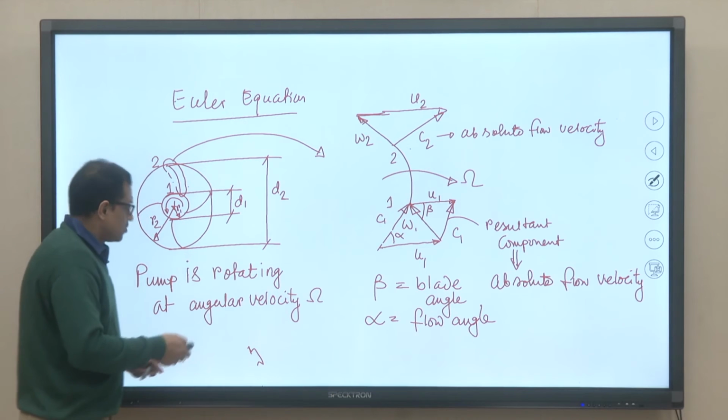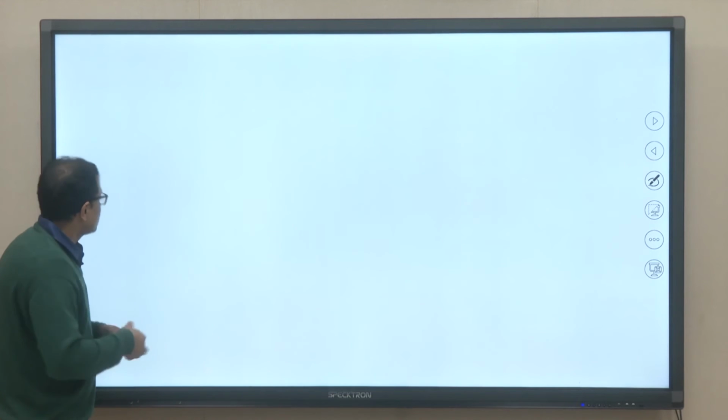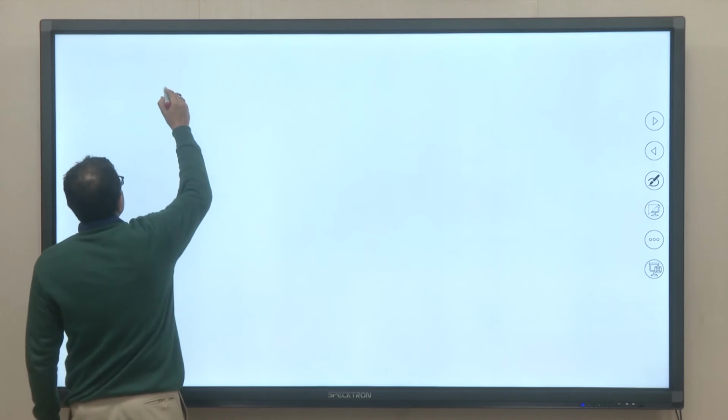Okay, so now we discuss the Euler equation of a pump. Again we need to draw the impeller of a radial flow pump.